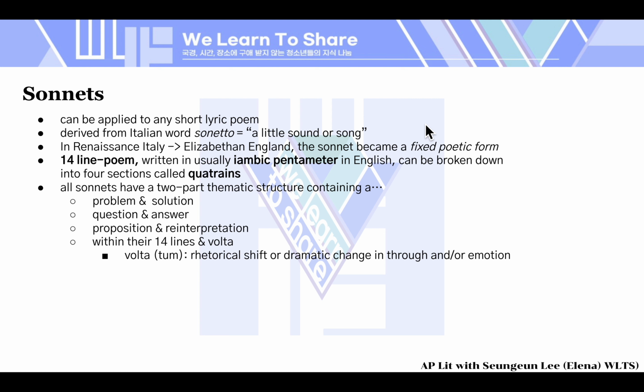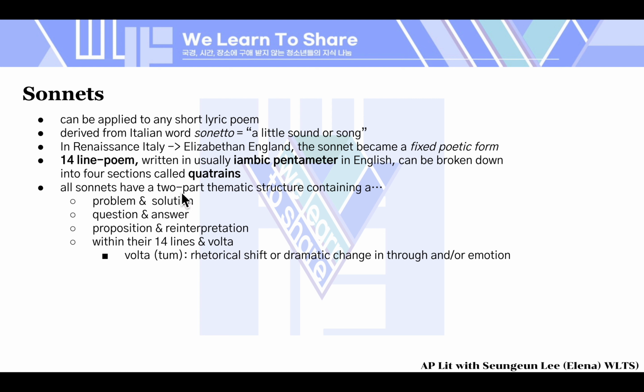And then the most important thing about sonnets is that they consist of 14 lines, and they're written usually in iambic pentameter in English. Don't worry, we're going to learn about iambic pentameter later on. They also can be broken down into 4 sections called quatrains. And all sonnets have a two-part thematic structure containing either a problem and solution, question and answer, or proposition and reinterpretation.